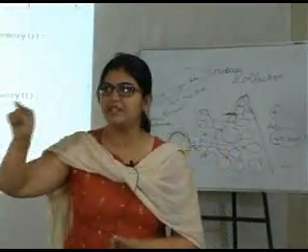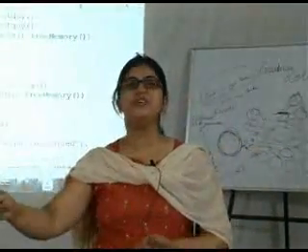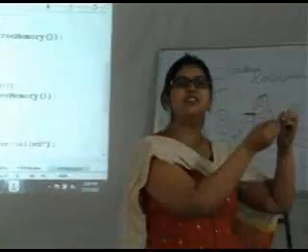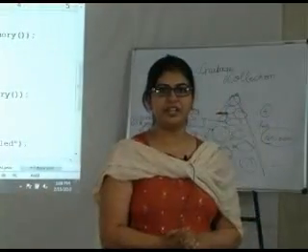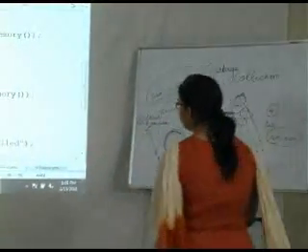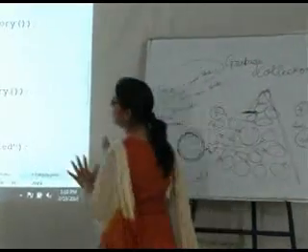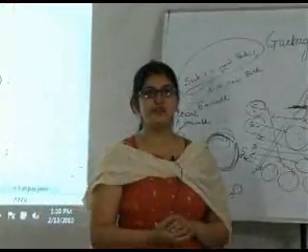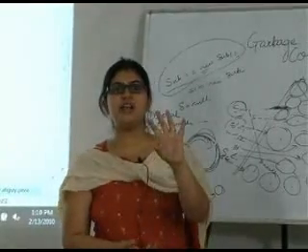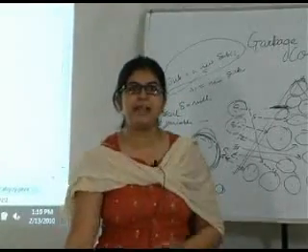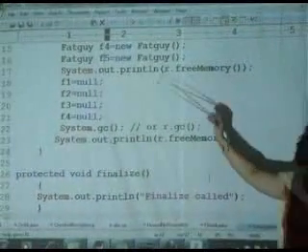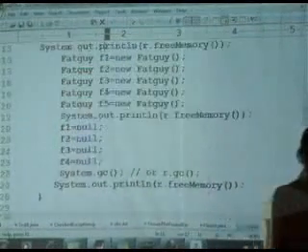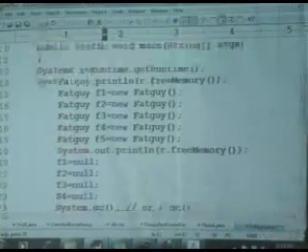If the finalize method is there, it would execute the finalize method and then put the object into the garbage. Okay. So garbage collection is very, very important from your memory point of view. As a programmer, you only have to keep in mind that you should not keep all these references active. If you are not using them, then please nullify them. Okay, that would be all for garbage collector. Thank you.